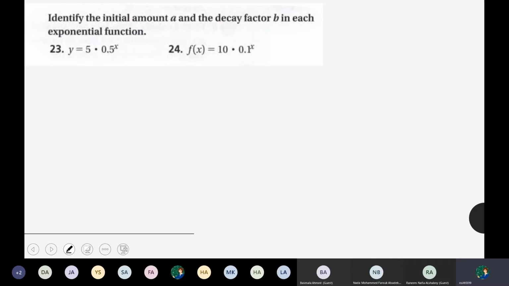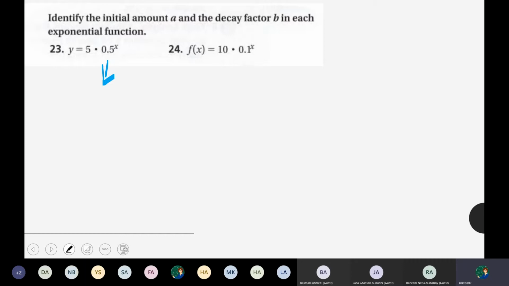Now, identify the initial amount a and the decay factor in each exponential function. Look at me here. Where is the decay factor? It is the number that's raised to x. So it will be 5 or 0.5? 0.5. Thank you.